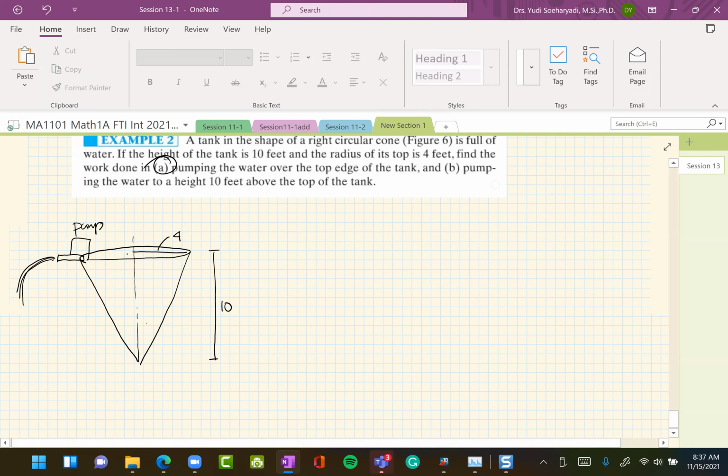So what I mean is just do it layer by layer. For example, this layer here, of this thickness.